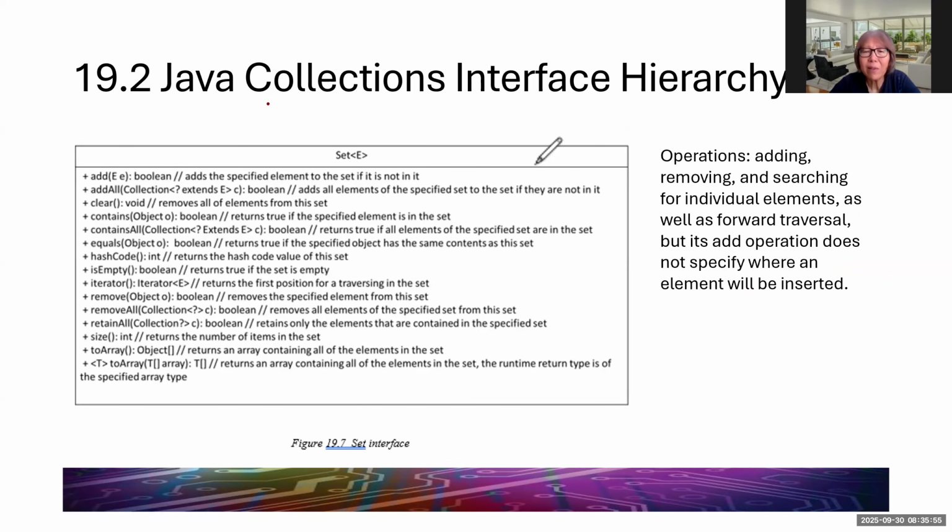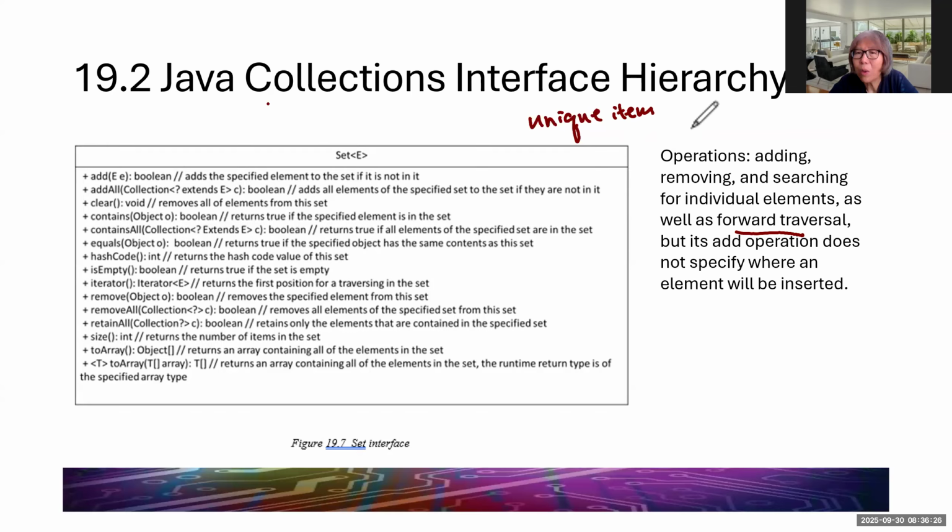Okay, the third interface is the set interface. So set allows add, remove, search for individual items, as well as traversing. Okay, and remember set doesn't allow duplicates, only unique items. So the item must be unique in this collection.